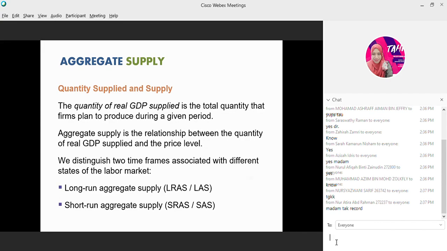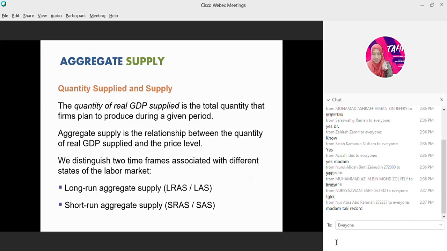Okay. Under macroeconomics, we know that it is an economic analysis as a whole, meaning that the supply that we are referring to now is we aggregated all. I mean, we look at the analysis of all types of goods and services.